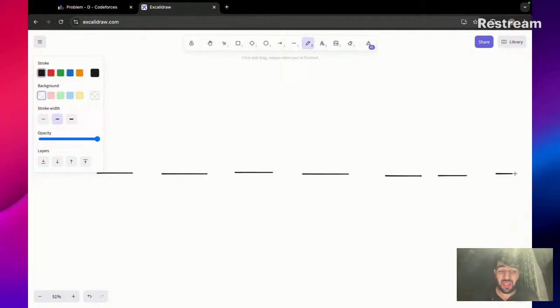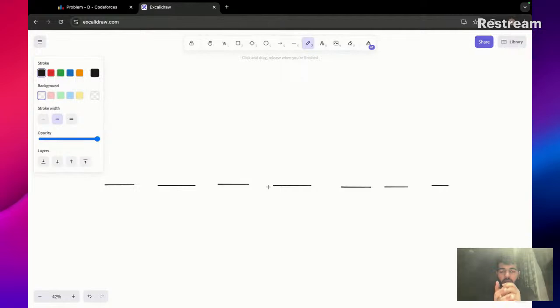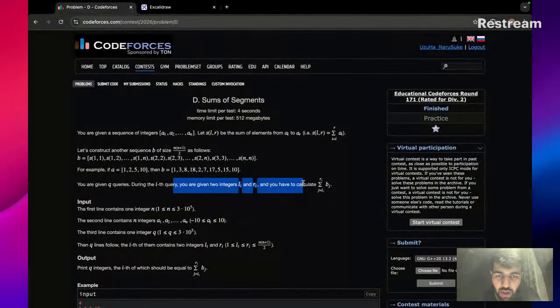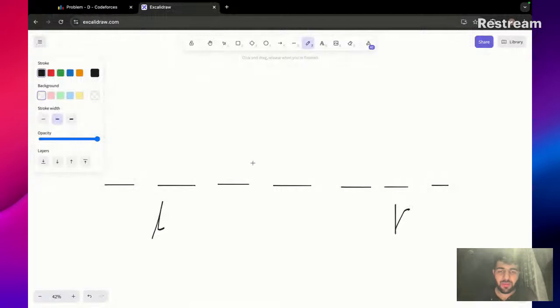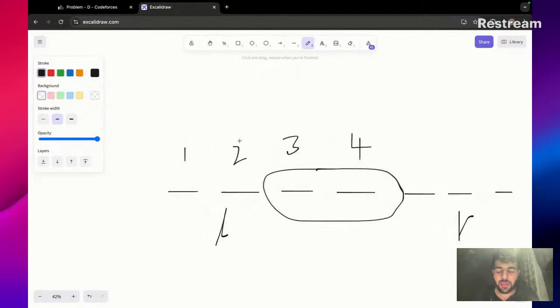This is my array B. I have some L and some R, and for l i, r i there will be a few indices. Let's consider all the ones, all the twos, all the threes, all the fours. So basically 2, 3, 2, 4, 2, 5, 2, 6, 2 till 2n.